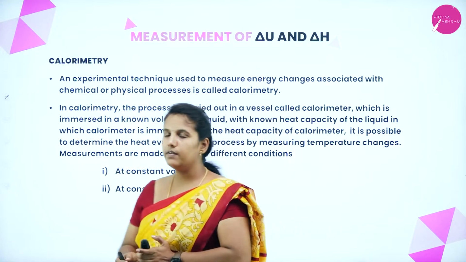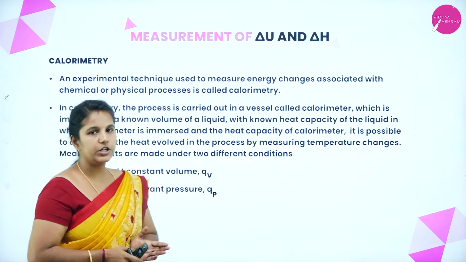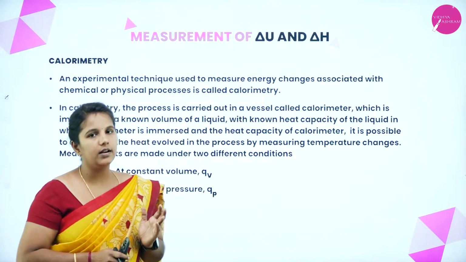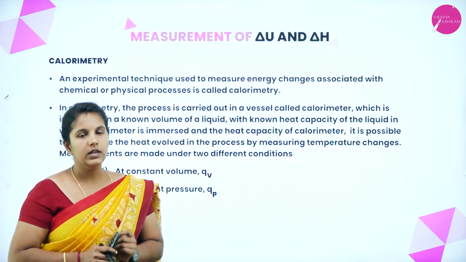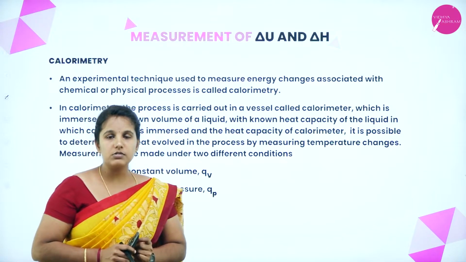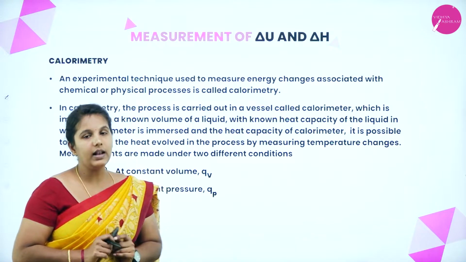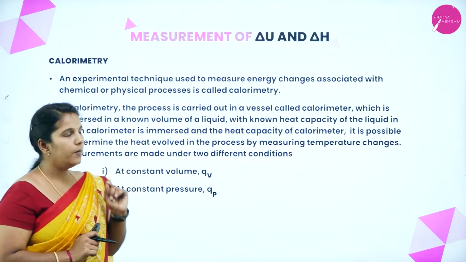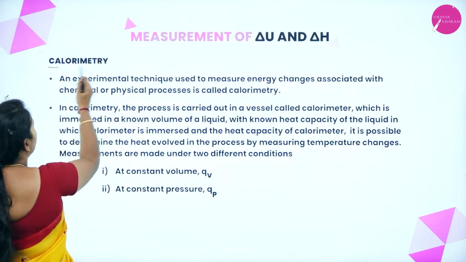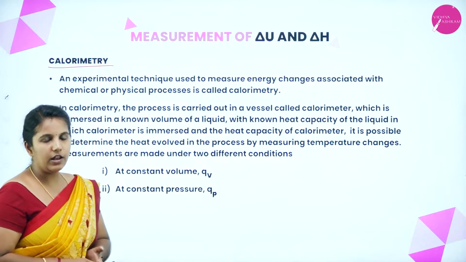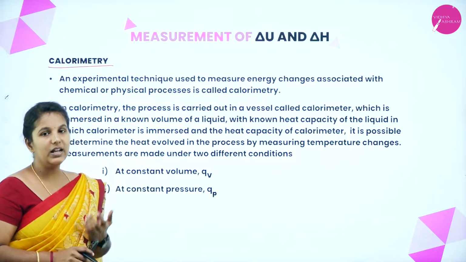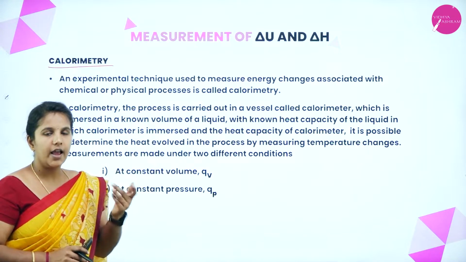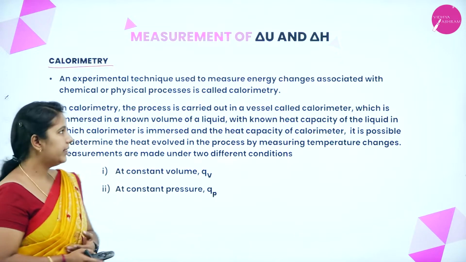Firstly, we will see how we can measure the change in internal energy as well as the change in enthalpy. That can be measured by using different experimental techniques. First is by using a calorimeter.